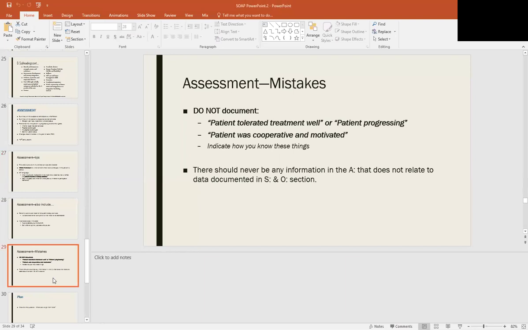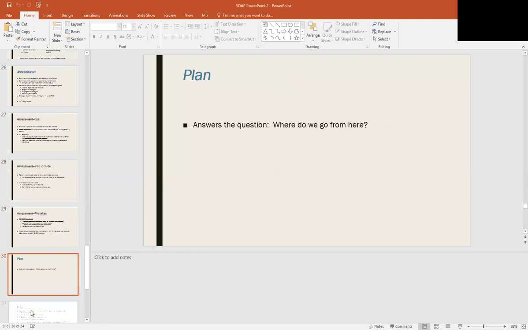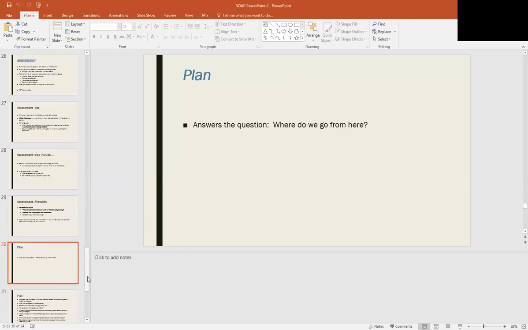Or if you had patient progressing, instead you would want to say the patient is progressing towards short-term goal number 1 of increasing knee flexion to 110 degrees so they can get up and down out of chairs in varying surfaces to meet their goals. Okay, so you have to back it up with something. And then again, make sure there's not any information or conclusions in the assessment portion that you did not document in the S&O section.